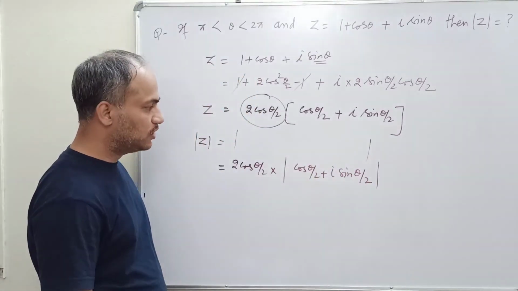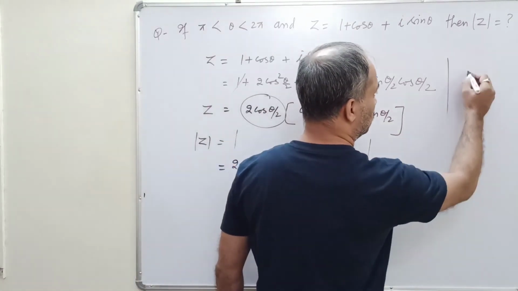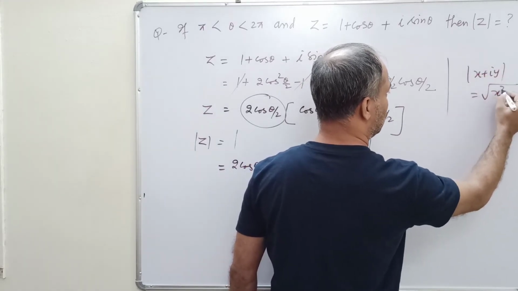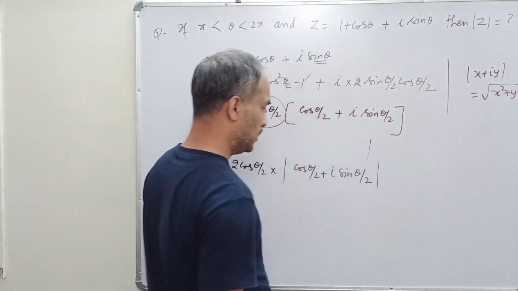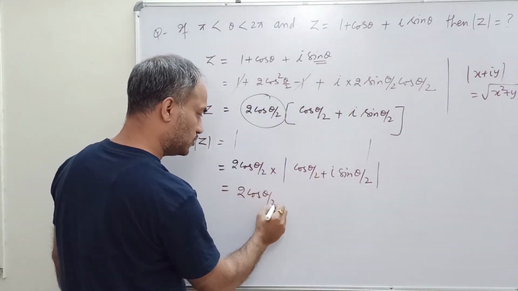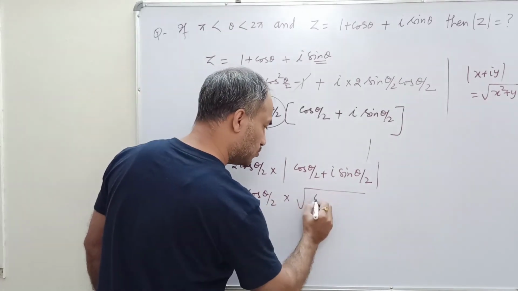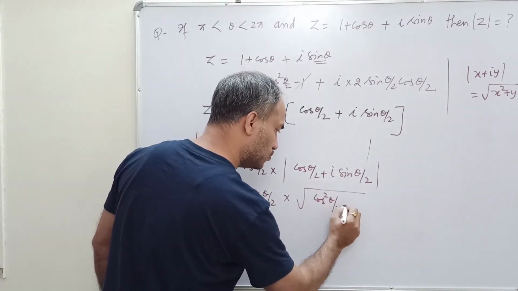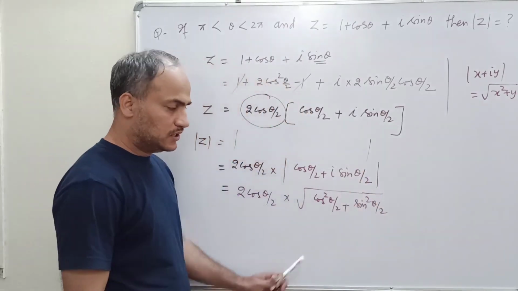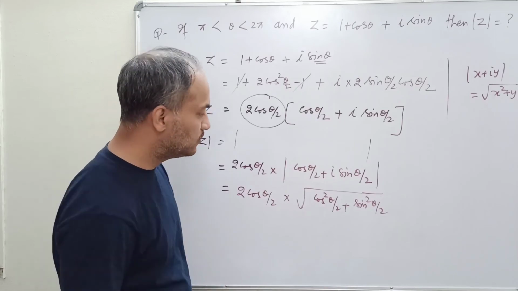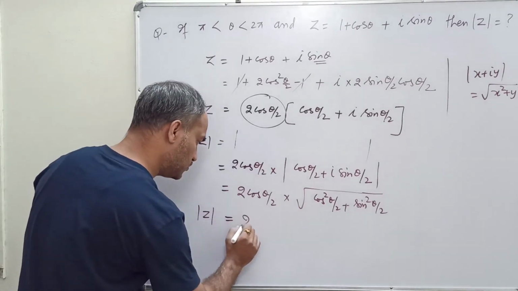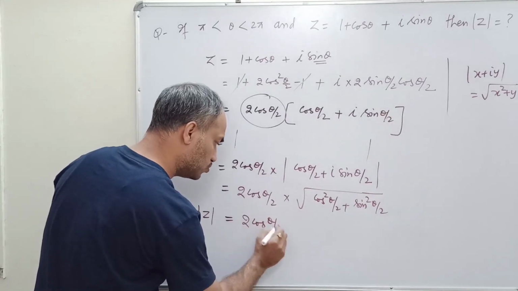And we know the property of modulus: modulus of x plus iota y is square root x square plus y square. So this value is square root of cos square theta by 2 plus sin square theta by 2. This is a well-known identity. This value is 1. So we get modulus of z as 2 cos theta by 2.